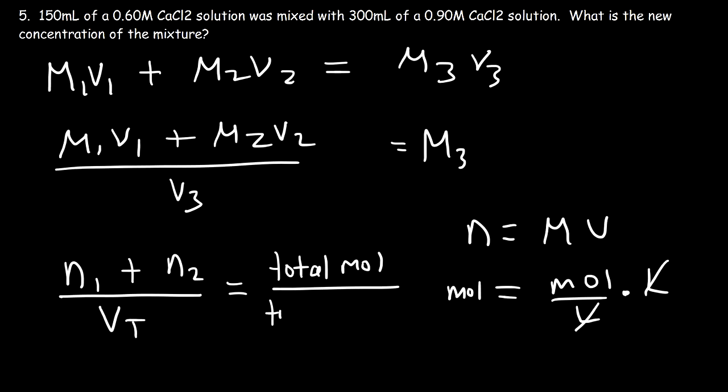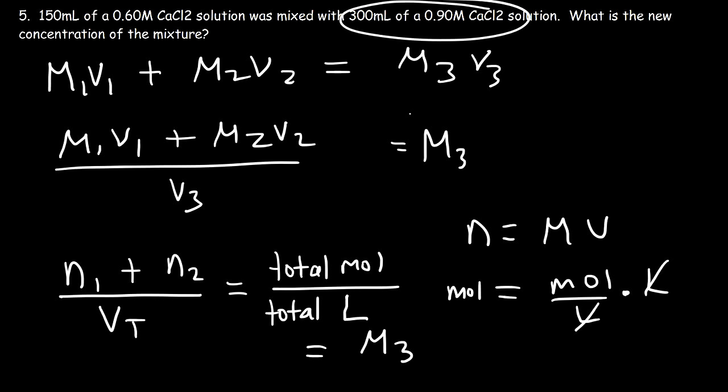VT is the total volume. If you take the total moles and divide it by the total liters, you're going to get the new concentration of the solution, M3. So I want you to understand how this problem works. If you found the moles of the first calcium chloride solution, and then added it to the moles of the second calcium chloride solution, and divided it by the total volume, you would get the same answer, M3.